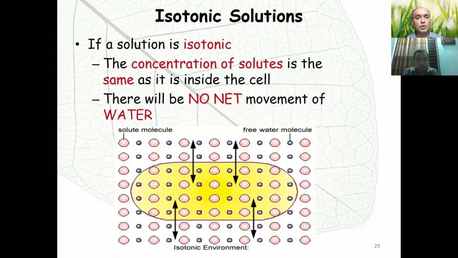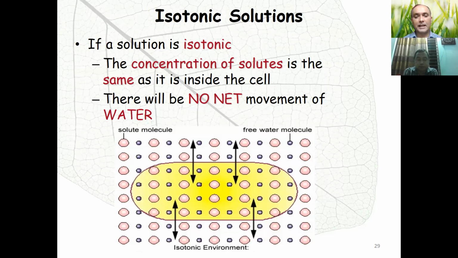In an isotonic solution, the concentration of solutes is the same as inside the cell. So outside the cell and inside the cell, the solute concentration is the same, and there will be no net movement of water.